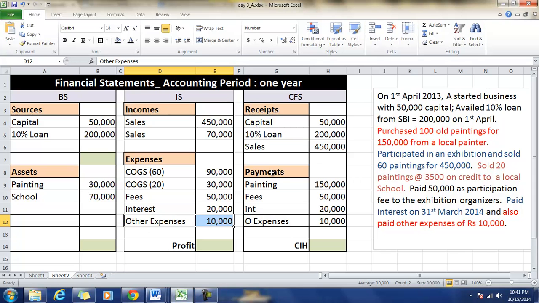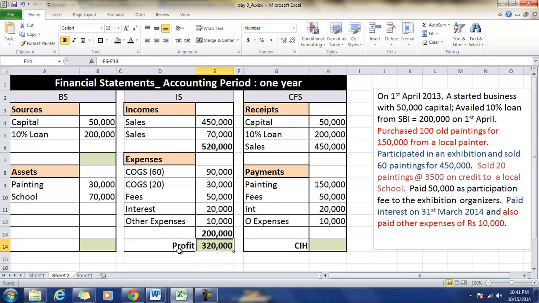Now once all transactions have been entered, we'll first find the profit. Profit is equal to incomes minus expenses, and expenses is equal to the summation of all these items, that is 200. So therefore profit is equal to income minus expenses, 320.